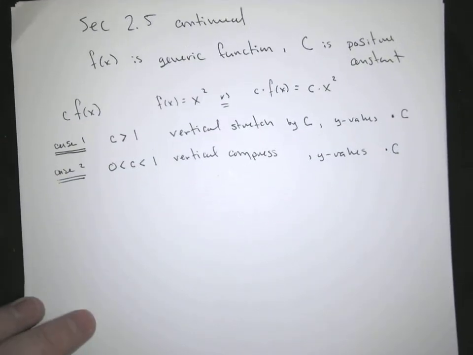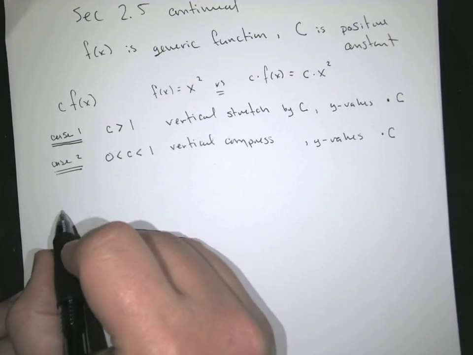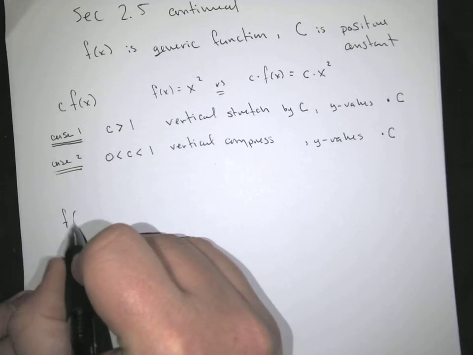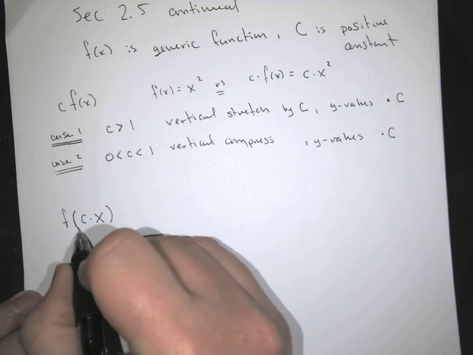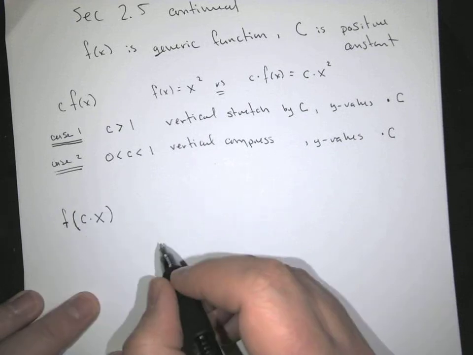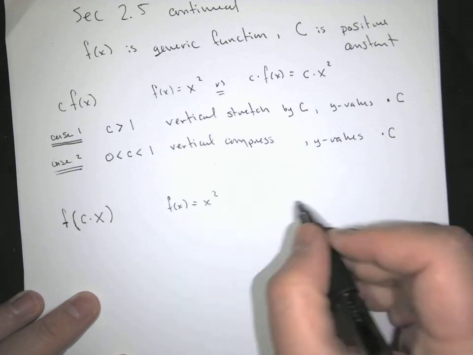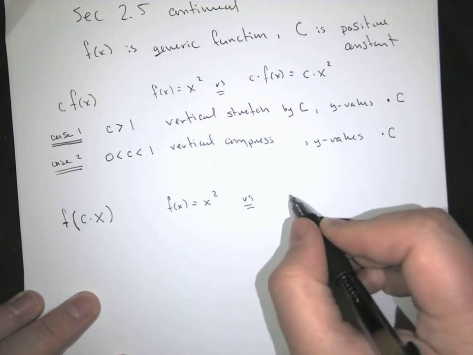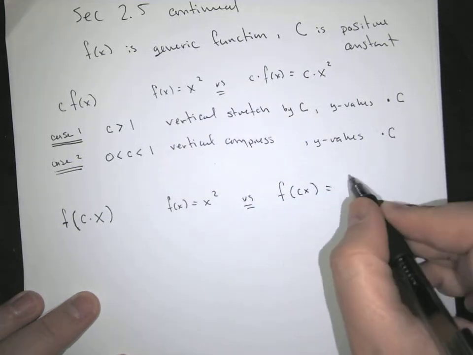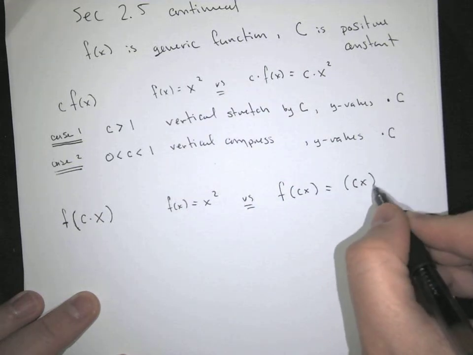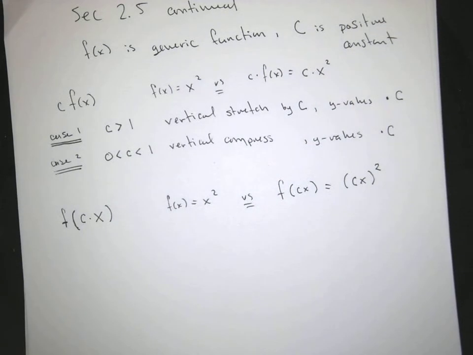The other place we can multiply is not in front of the entire thing, but f of c times x. So if we do c times x on the inside, again with a generic x squared, if f of x is x squared, then c times x is the constant times the x value, and whatever operation is on the outside.